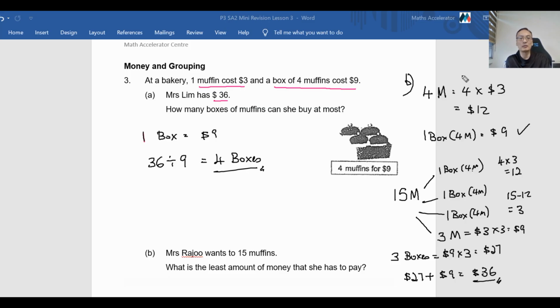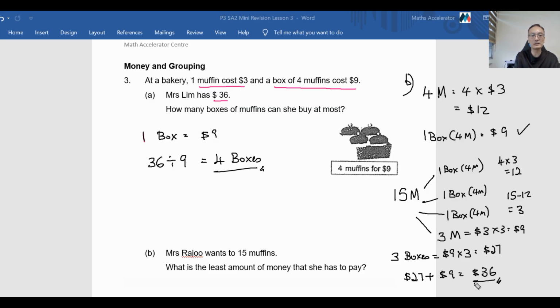Is it better to buy 4 individual muffins, or is it better to buy a box of 4 muffins? So we have to compare the costs. Okay, once we are certain that the box of muffins is cheaper than 4 individual ones, then we carry out the calculation. So 15 muffins means we have to buy 3 boxes of 4 and 3 more individual muffins. Then we calculate the cost and we arrive at $36.